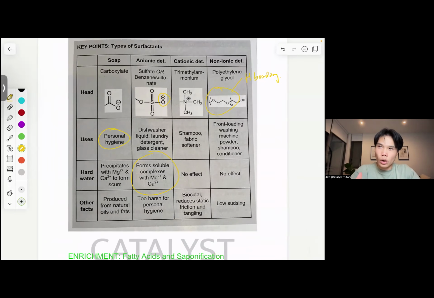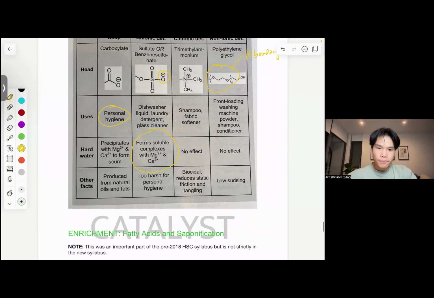Cationic detergent has anti-static properties, so you can use it in your shampoo and your conditioner, and that's both cationic and non-ionic detergent. And non-ionic detergent is really good for front-loading dishwashing machines because it doesn't make suds and you won't overflow your machine with suds coming out. Okay.